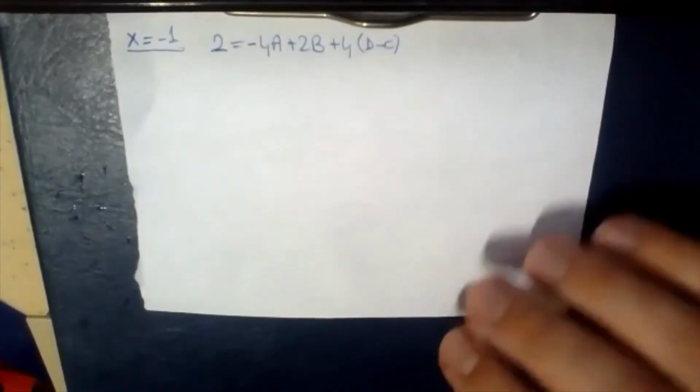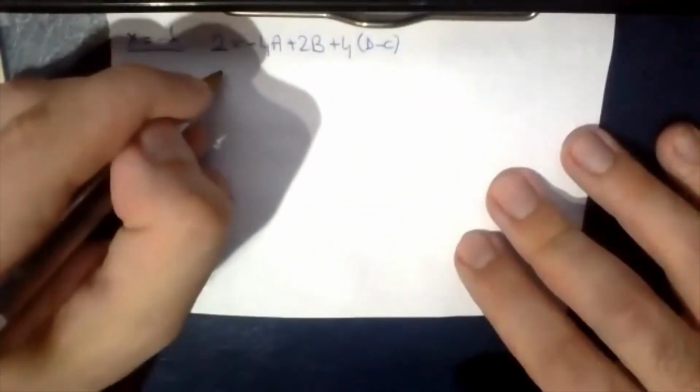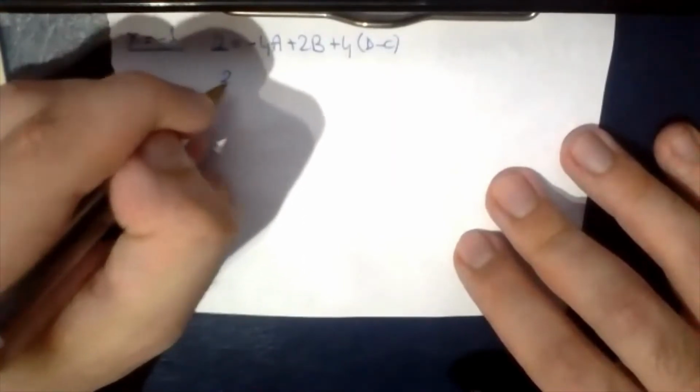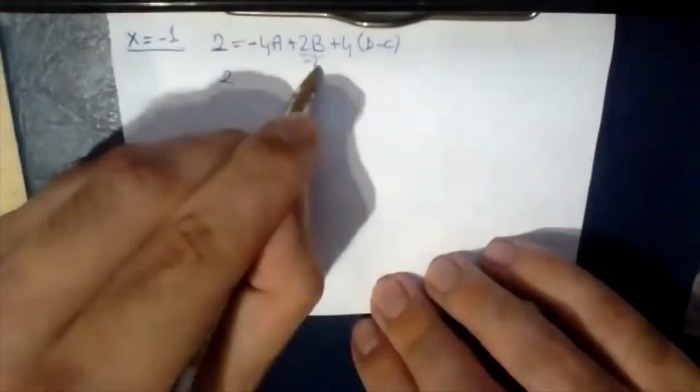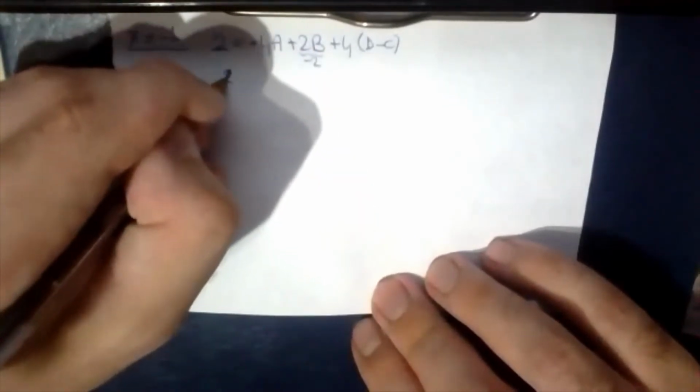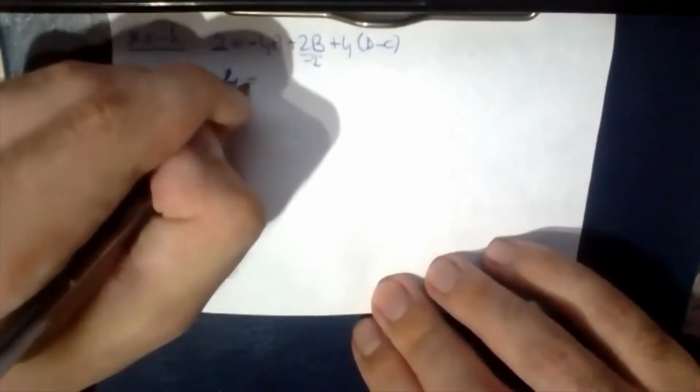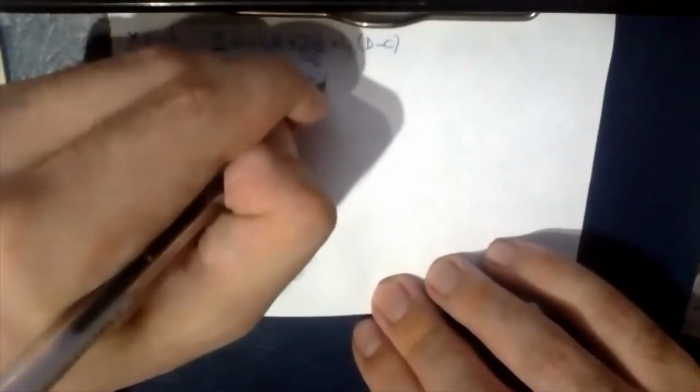So what do we have here? 2 is equal to, this 2b will be minus 2 since b is equal to minus 1. And we can take this minus 2 to the left-hand side. 4 is equal to minus 4a plus 4d minus 4c.